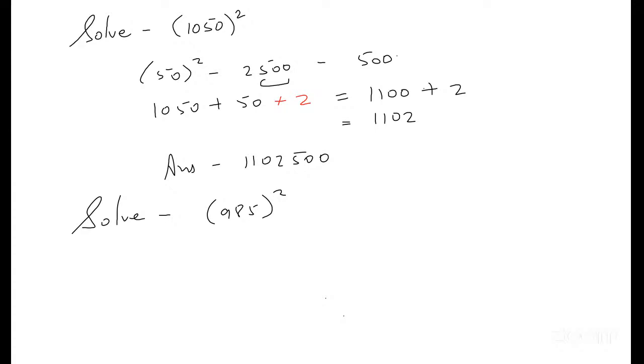985. Okay, 985 is closest to what number? 1,000. So my base is 1,000. And deviation is what? 1,000 minus 15. Deviation is 15 because when we subtract 15 from 1,000, we get 985.